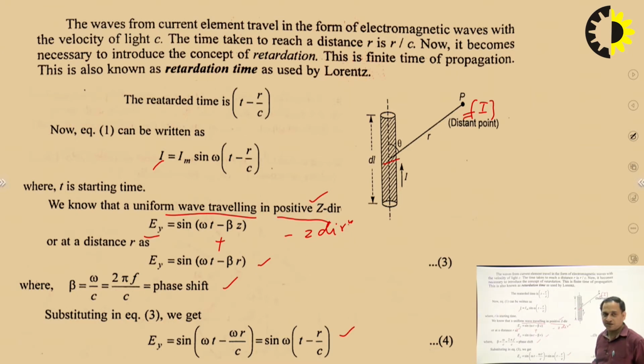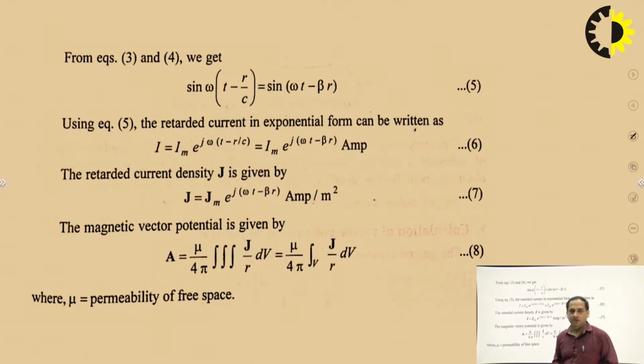So this is the retarded time that comes into the picture when we talk about the electric field in the y direction. When you compare the third and fourth equations, then in equation 5 we get sine omega t minus r upon c equals sine omega t minus beta r.